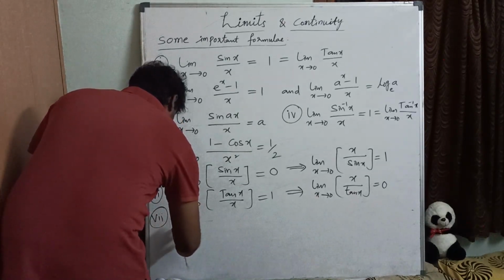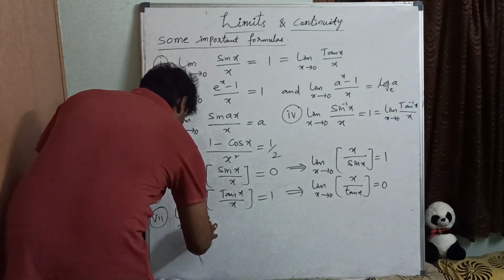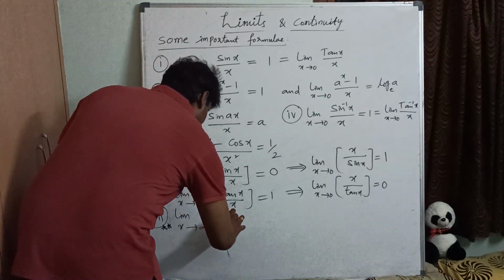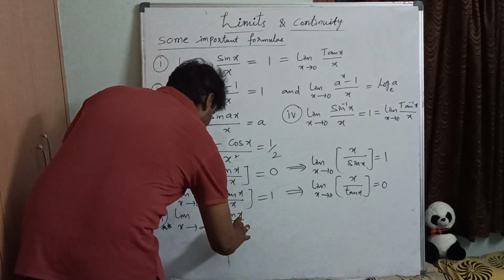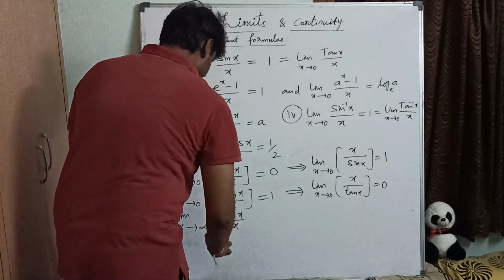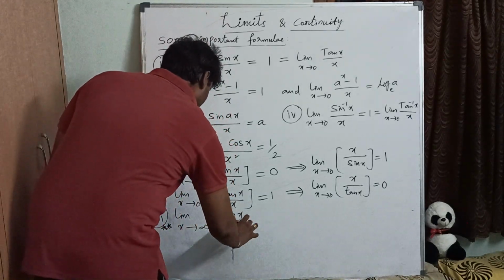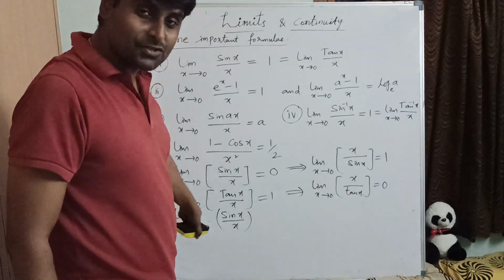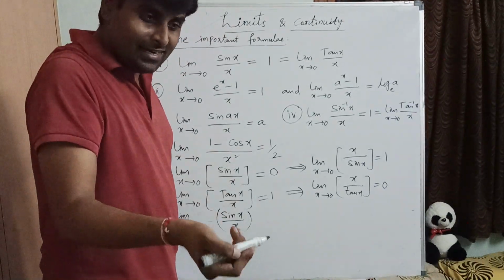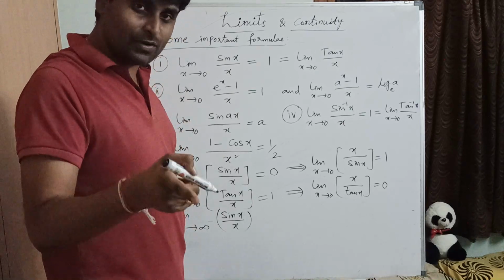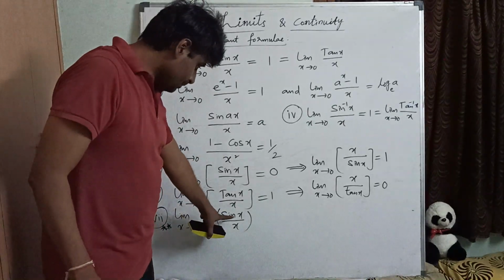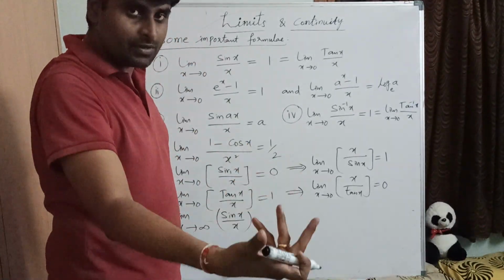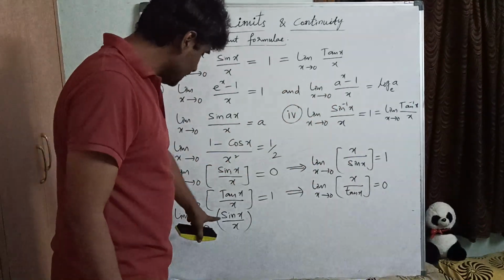Limit x tends to infinity. This is very, very important. So limit x tends to infinity, sin x by x. If you observe, what is the result for this sin x by x, especially when x tends to infinity? As we know, sin x lies between -1 and 1. So by substituting any value in place of x, sin x lies between -1 and 1.